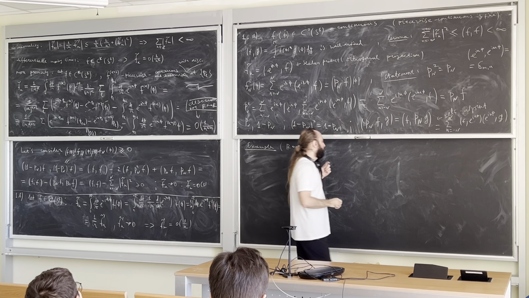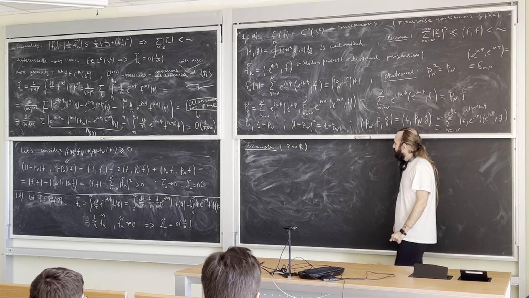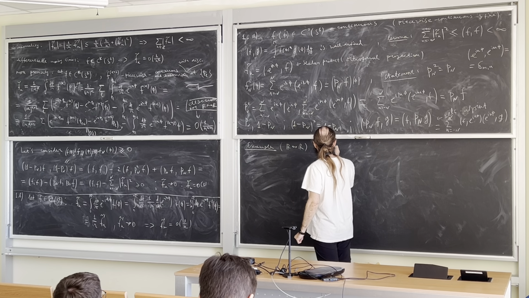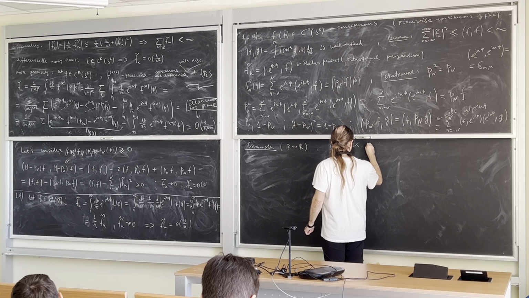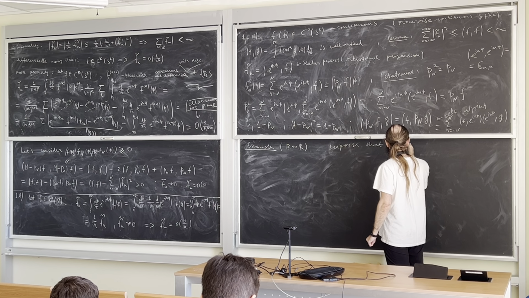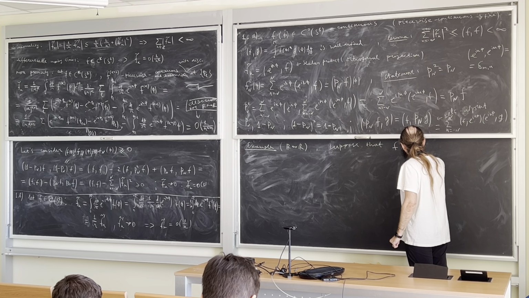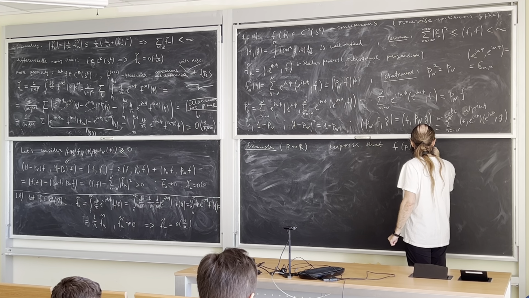And I propose to compute this Fourier transform in both directions. So suppose that we have a function which behaves like this: 1 over p plus I gamma.